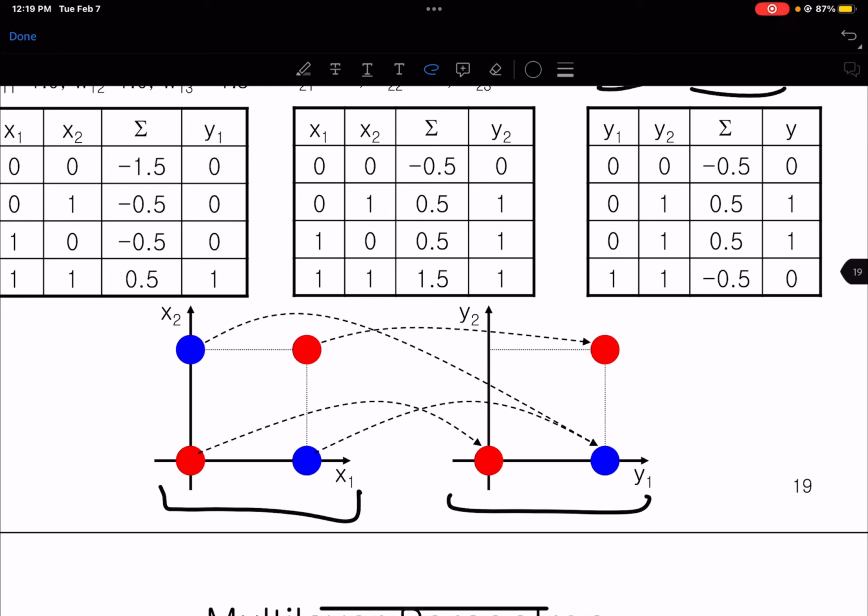So only when the values are dissimilar should we get a Y1 and Y2 combination. When they are 0, 0, the output should be 0. And then only this value will give us 1.